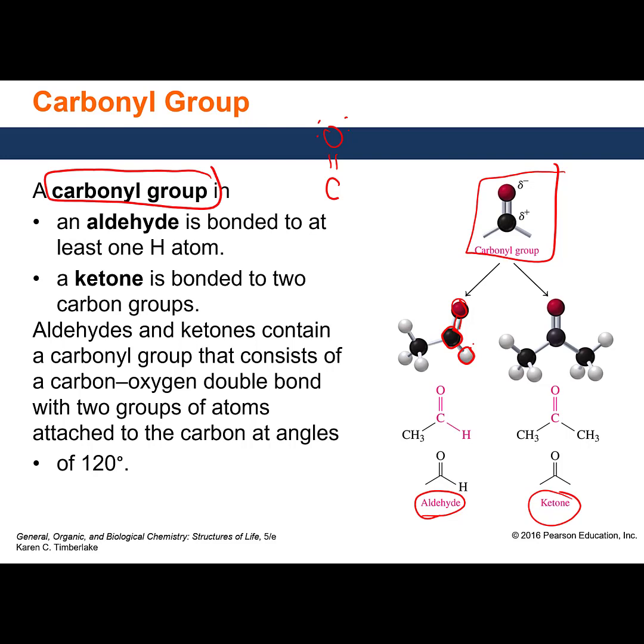I like to think that the word aldehyde has an H in it, and the central carbon in an aldehyde has an H on it. If we compare that to a ketone, it would be somewhere in the middle of our backbone. So here's our carbonyl with our central carbon of interest, and on either side, there's another carbon bound. So there is actually no place for a hydrogen to be bound on here.